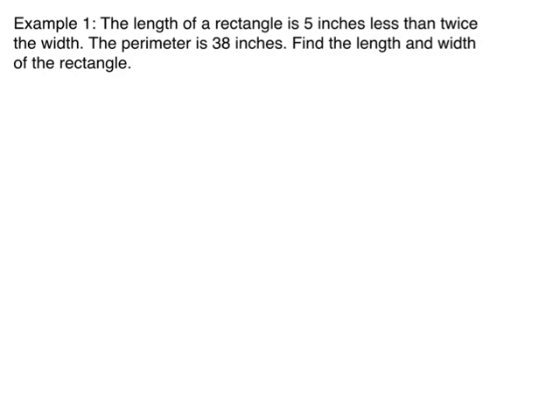So in step 1, I'm going to list what I know here by drawing a rectangle. There's my rectangle. We know we have a rectangle, and we know that the perimeter equals 38.